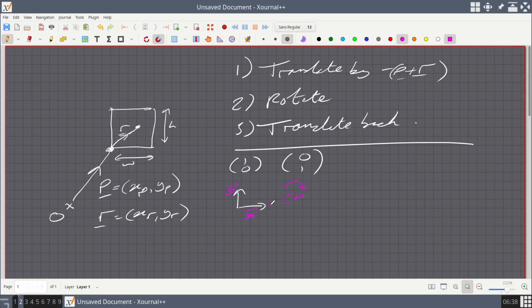Then y goes to where x used to be. Right, so this here will be y prime, and this here will be x prime. Right, and so the way we get our rotation matrix is we look and say, okay, so x goes to x prime. So instead of being 1, 0, it's now at 0, minus 1.